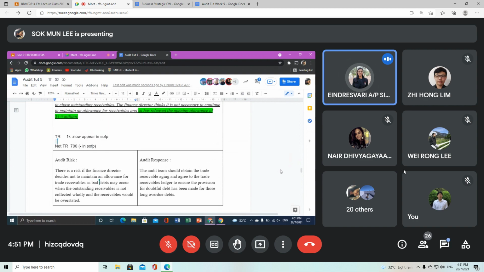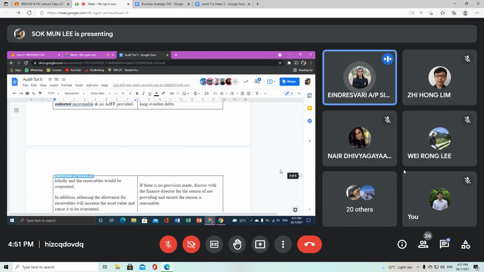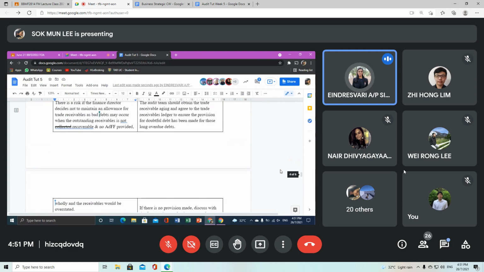So there is risk that if the outstanding balance is not recoverable and no AFDD provided, then the receivables will be overstated.